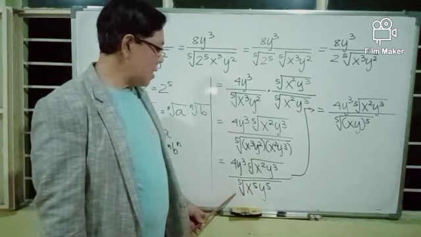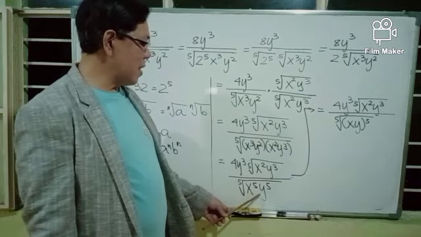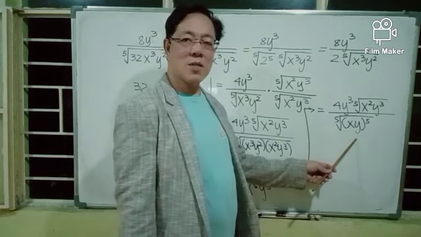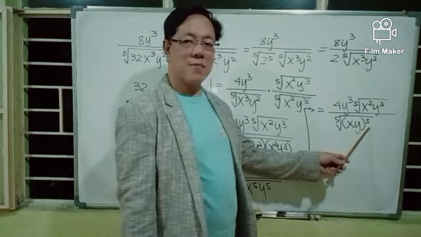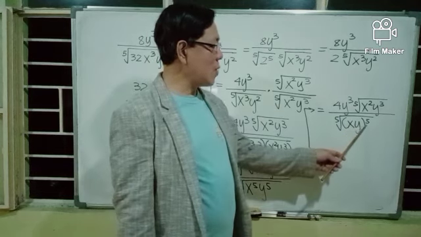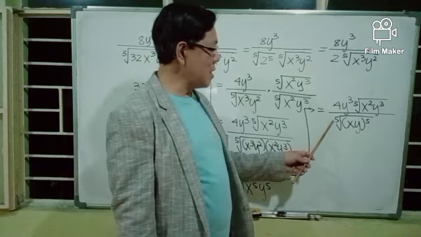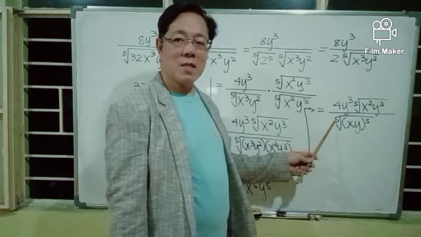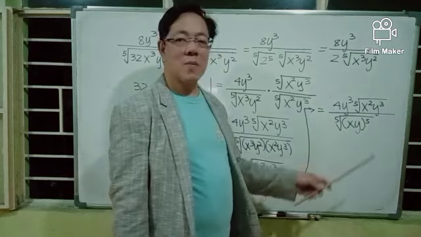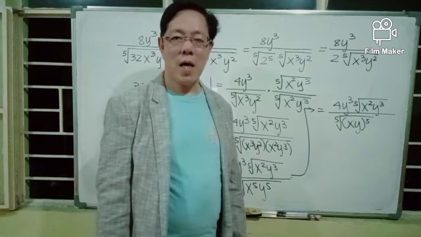We now have written the fifth root of x raised to 5, y raised to 5 as the fifth root of the product xy raised to the common index 5. Because the exponent of xy, 5, is equal to the index of the radical sign 5, the fifth root of xy raised to 5 is simply equal to xy.